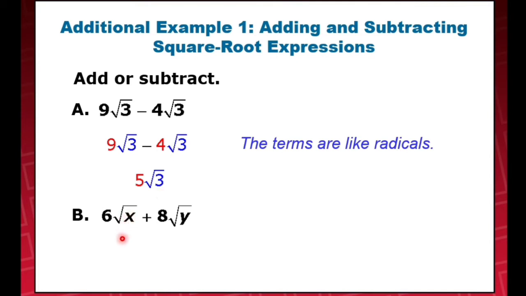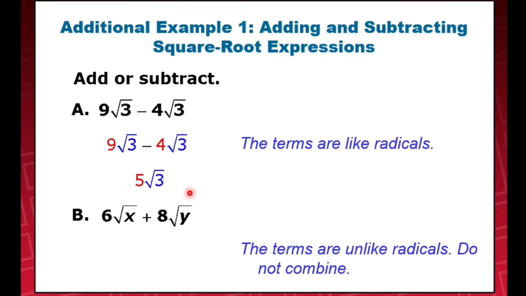Okay, so let's have another example. For letter B, we have 6 square root of x plus 8 square root of y. Okay, so as we can see here, the terms are unlike radicals. Why are they unlike radicals?